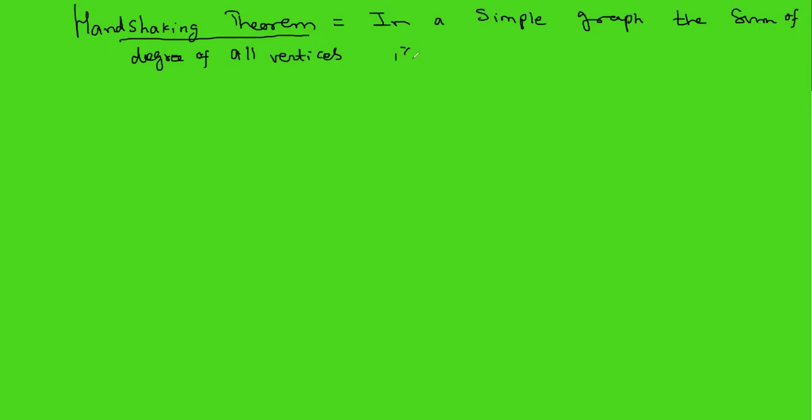Yes, yes. I tell you how the question is asked. See, in a simple graph, the sum of all degrees, the sum of degrees of all vertices, is equal to twice the number of edges.